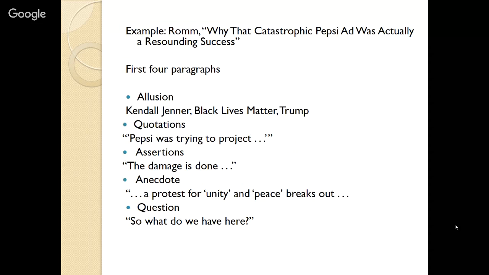So he uses allusion, referring to Kendall Jenner, Black Lives Matter, and Trump, which are references that he is assuming his reader is going to get. Now, not every reader is going to understand these references, and that tells you something about his audience, that his audience is younger and more tech savvy or media savvy than perhaps an older audience would be.